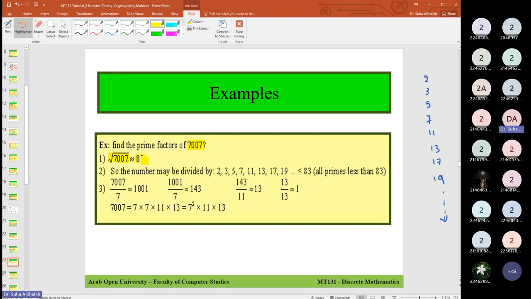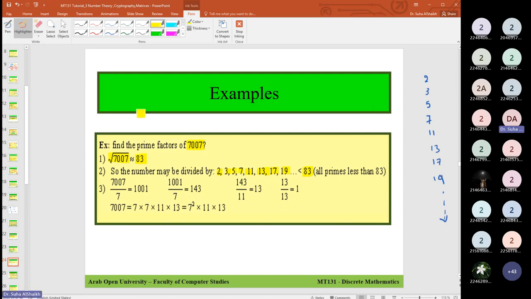It is about 83. So even the root is still a big number. The primes that are less than 83 are 2, 3, 5, 7, 11, 13, up to 83. I cannot list all of them. There are too many.